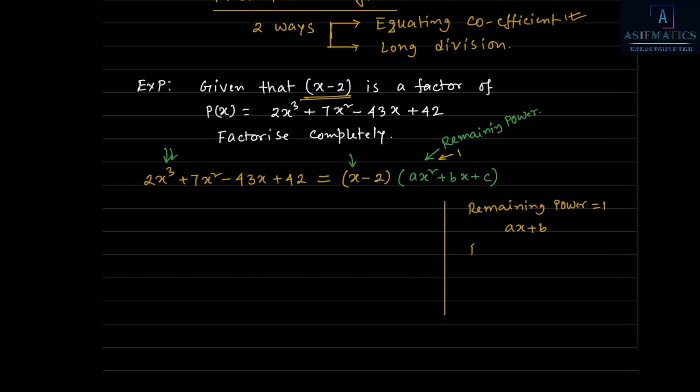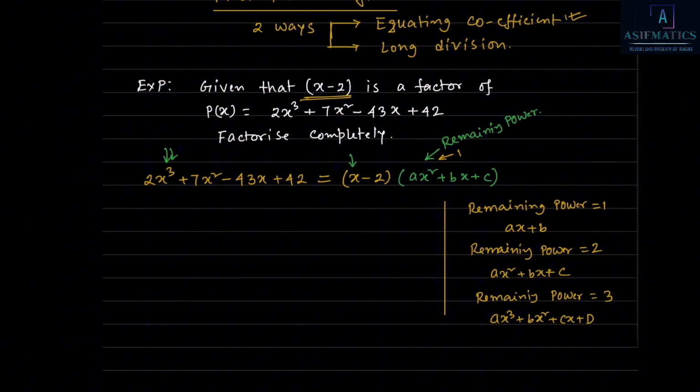If your remaining power equals 2, that means it is a quadratic function, so you must write your second factor as ax square plus bx plus c. And if your remaining power equals 3, then we should write ax cube plus bx square plus cx plus d. This way we need to put our second factor.